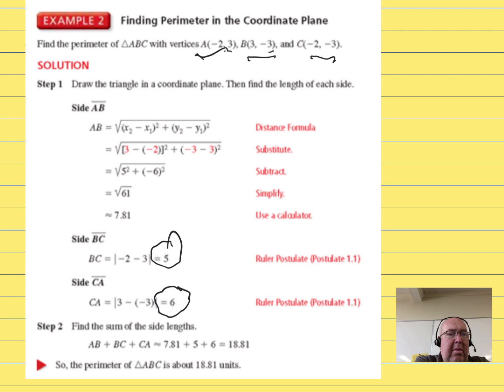We add those together after squaring, we get 25 plus 36, and it adds up to 61. Do the square root of 61, and we're going to have a value of 7.81. Go ahead and round these to the nearest hundredth. Adding those sides up, we get 18.81 for the perimeter.